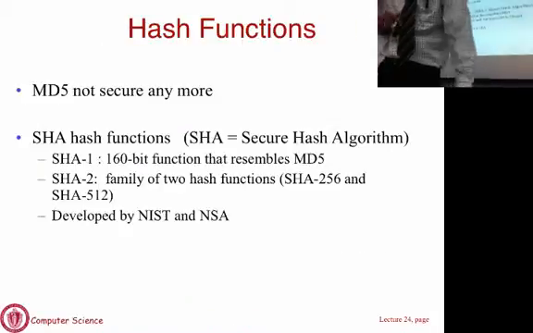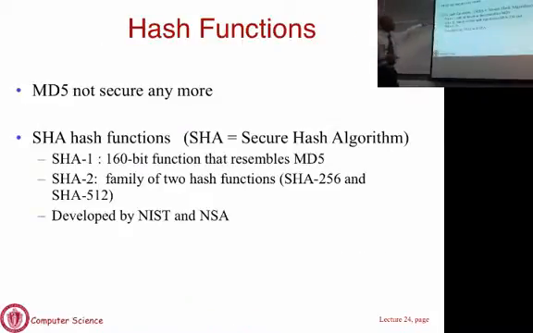What is actually used are hash functions called SHA hash functions, secure hash algorithms. Okay? They use much larger bits than MD5. They use either 160 bits, SHA-1, or there's SHA-2, which uses 256 or 512 bits, which makes it much harder for collisions to happen or to guess a string given a hash, such that the string maps onto the hash. Okay?